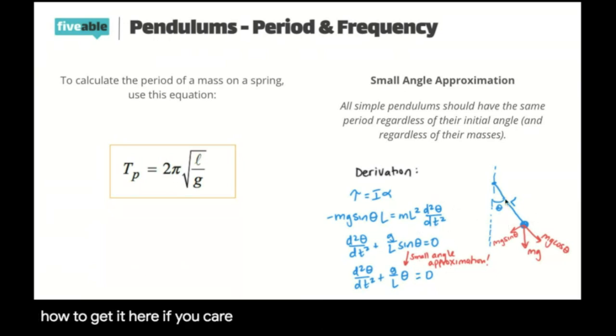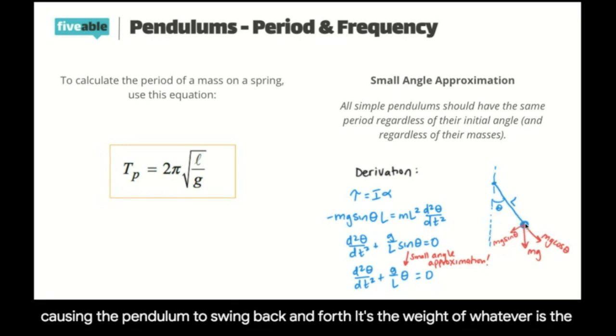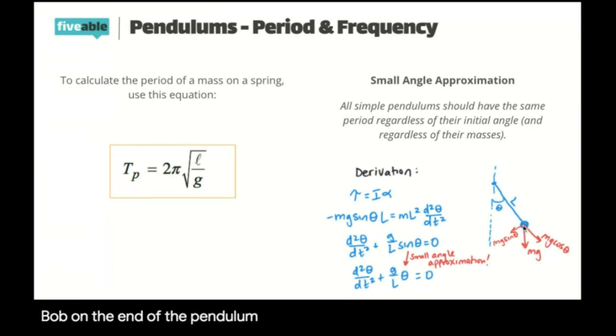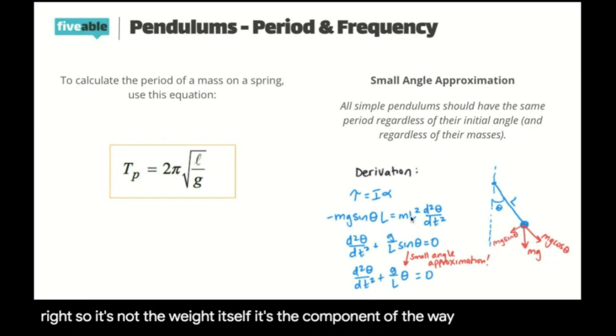If you care, the thing that really matters about this is remembering that there's a component of the weight that's causing the pendulum to swing back and forth. It's the weight of whatever the bob on the end of the pendulum is, but the weight goes straight down, right? So it's not the weight itself, it's the component of the weight pointing back towards the center.